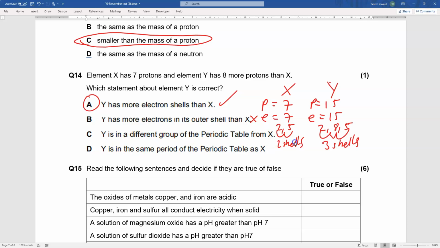Y is in a different group? Number of electrons in the shell is equal to group, so that's also false. They're in the same group. Same period? This is in 2 shells, so that means period 2. This is also in period 2, so this is also false. Sorry, I meant period 3.